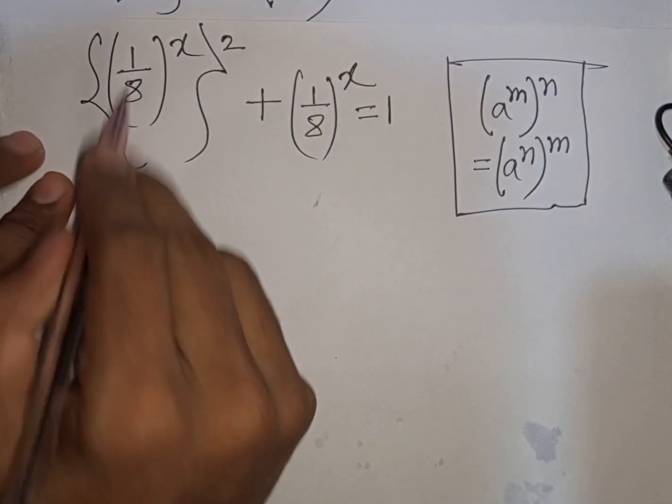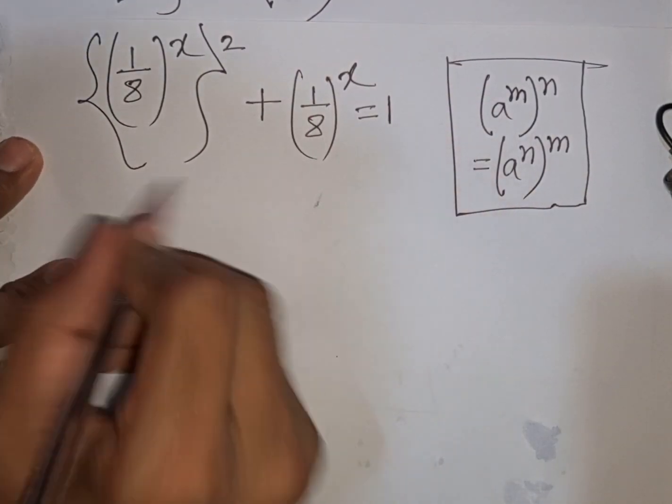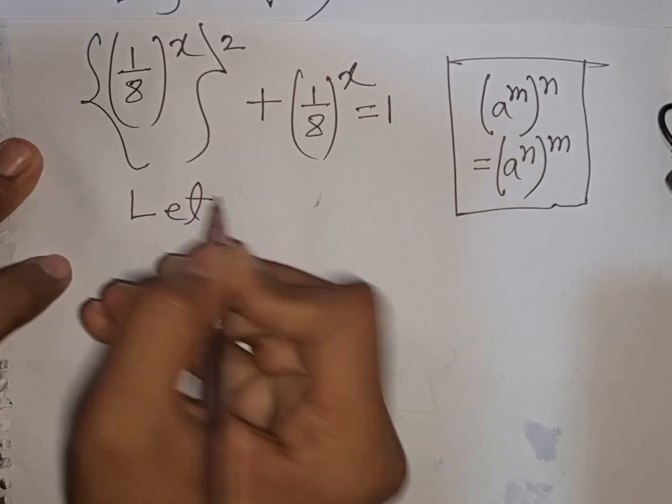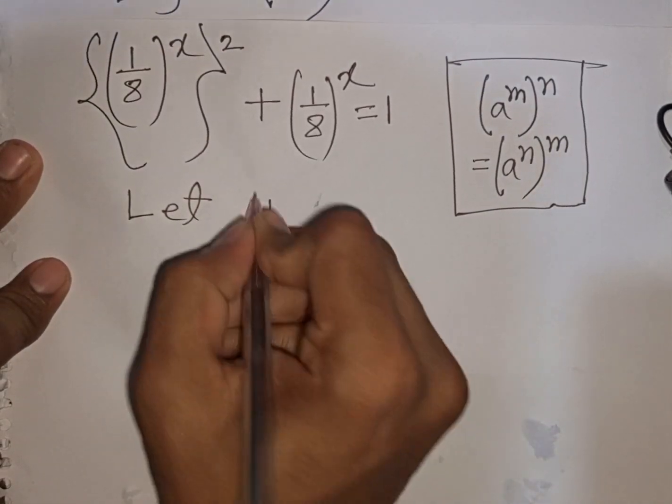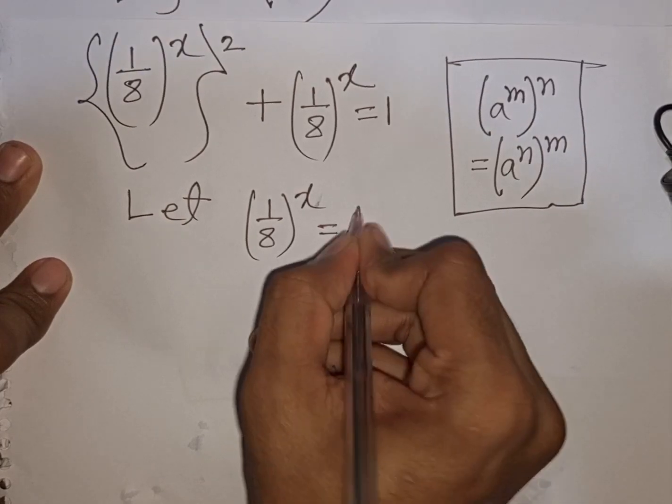Now, we see (1/8)^x and (1/8)^x, both terms are the same. So, let (1/8)^x be substituted by t.